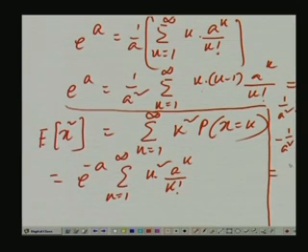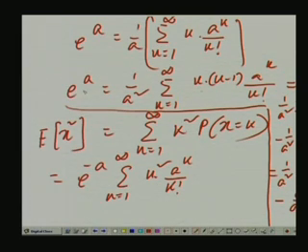So, this becomes 1 by a square summation k square a to the power k by factorial k as before, minus this part as I said just now, a into e to the power a. So, it becomes e to the power a divided by a. Okay.